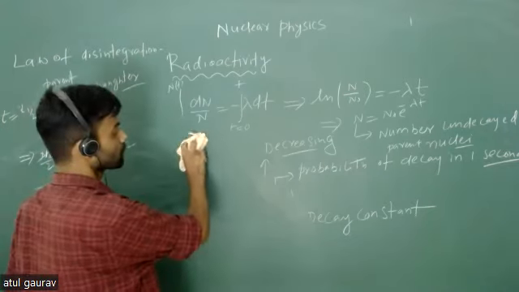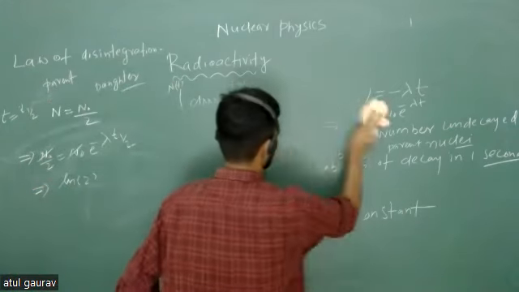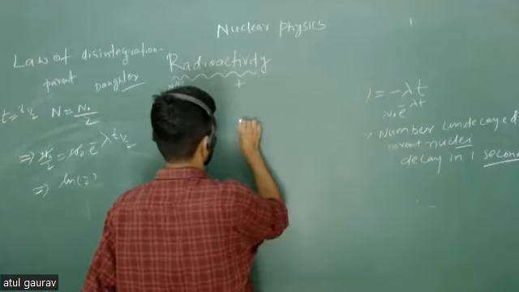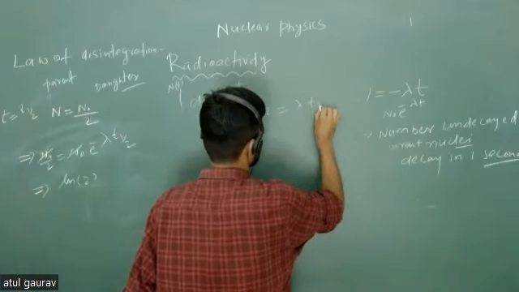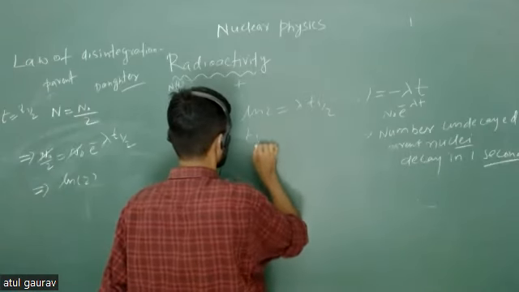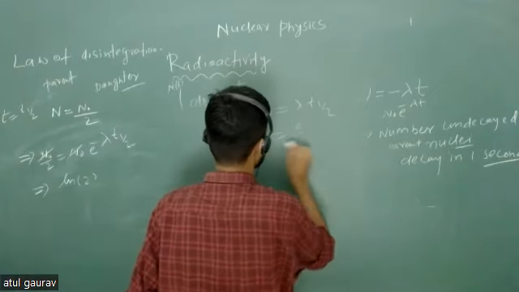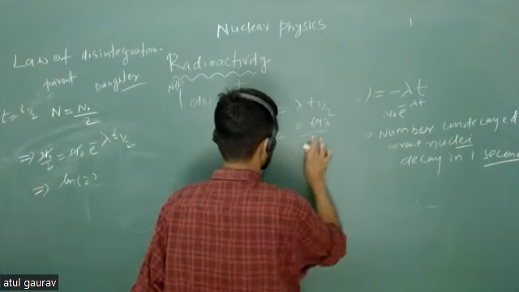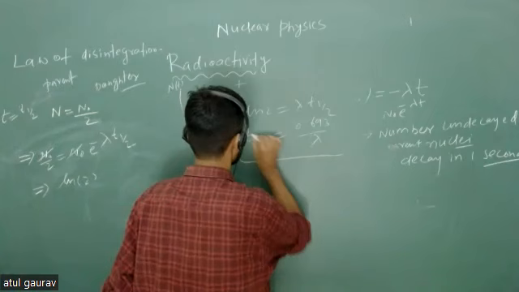Yes. So now, ln 2 equals lambda t half. So t half will be ln 2, which is 0.693, by lambda. So this you know.